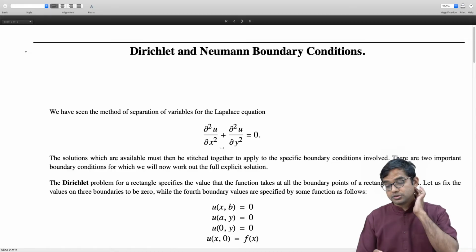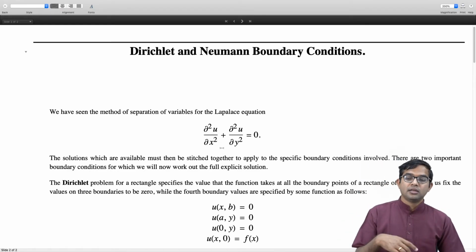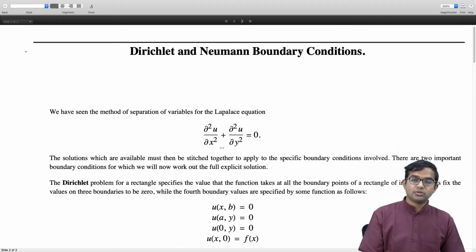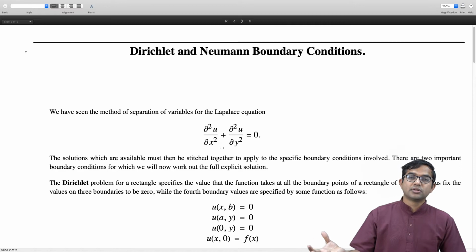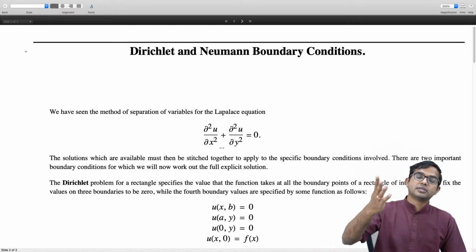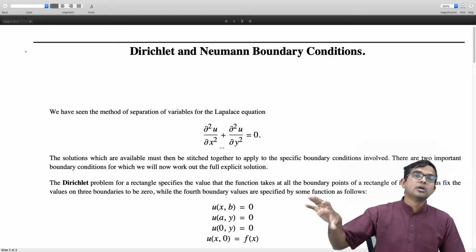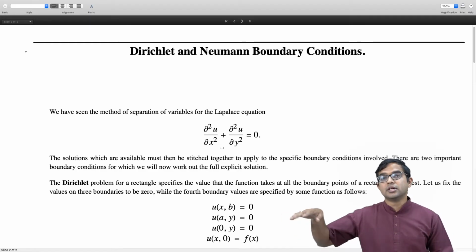Literally, you can add the solutions. In one problem you take three different sides to be 0, but the fourth one is non-zero, and you put the value of the potential there. You consider another situation where you put a 0 on that side but take some function for another side, then a third one where you put in the function corresponding to the third side alone, and a fourth one where you put in a function corresponding to that side alone, whereas you keep the others 0.